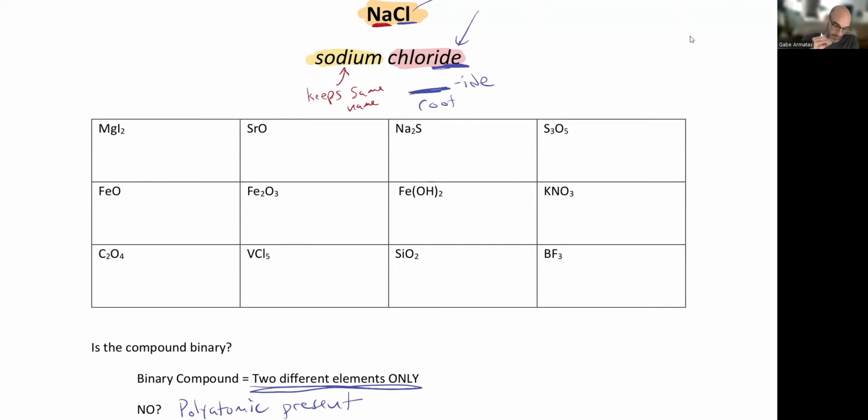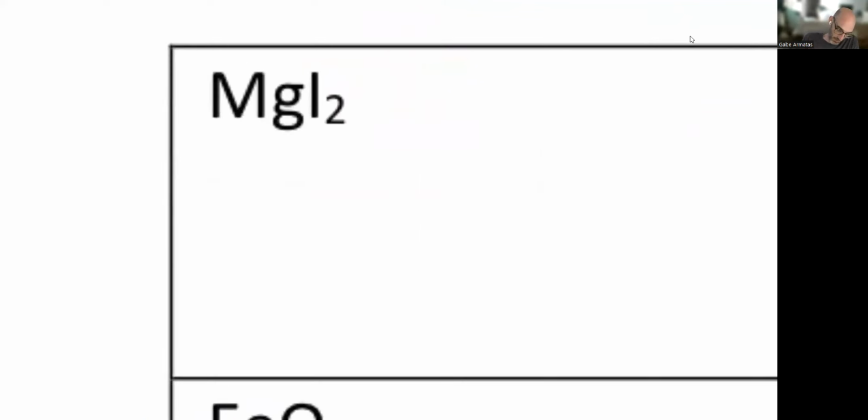I'm going to focus on a binary compound. So I'm going to take this one. First one is magnesium, by the way, lowercase. Magnesium. I'm going to leave some space. Iodine becomes iodide, I-O-I-D-E, iodide. Okay, magnesium iodide.